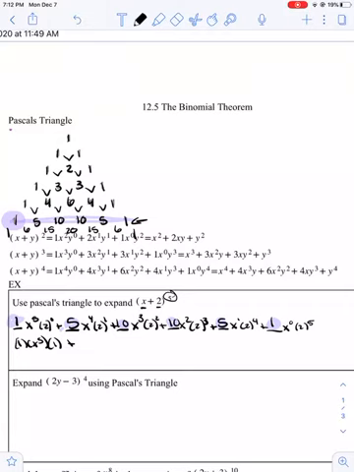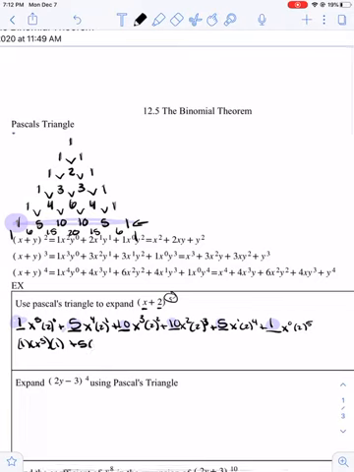And then 2 to the 1 is 2. So I'm going to put the numbers next to each other and keep x to the 4th. And then we have plus 2 squared is now 4. So 10 times 4 times x to the 3rd. 2 to the 3rd is 8. So 10 times 8 x squared.